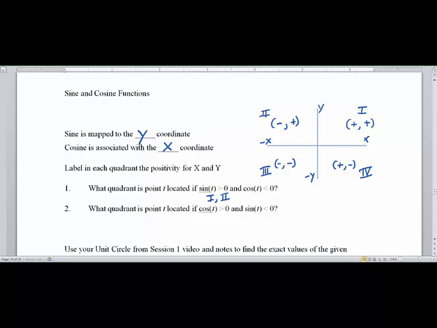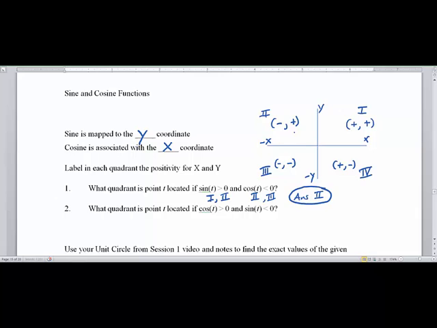But that doesn't necessarily alone tell me where the point T is located. So now let's look at the cosine. What if the cosine is negative? Since the cosine is the x, when is the x negative? Well, that would be in the second or third quadrant. So if sine is positive in the first and second, and cosine is negative in the second and third, then our answer here is going to be the second quadrant.